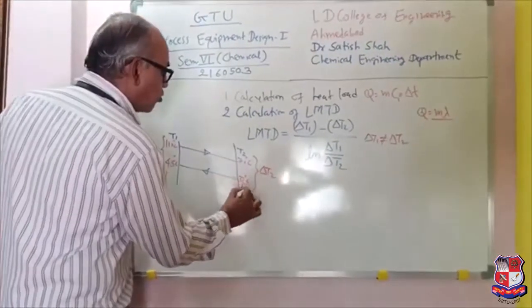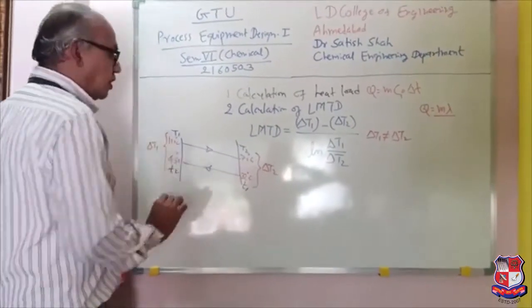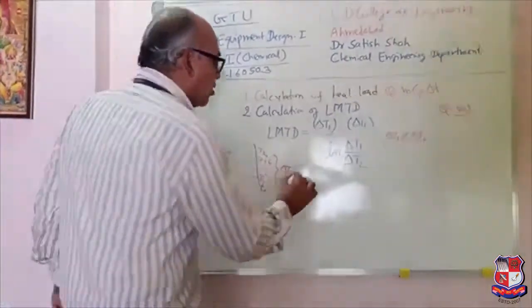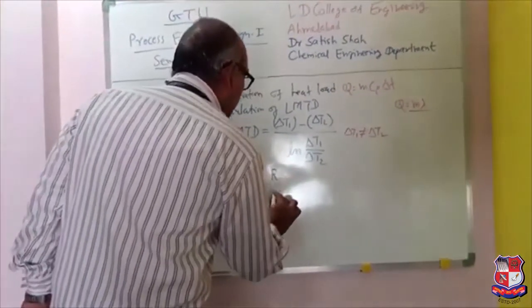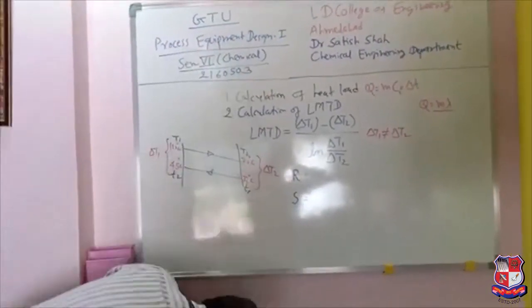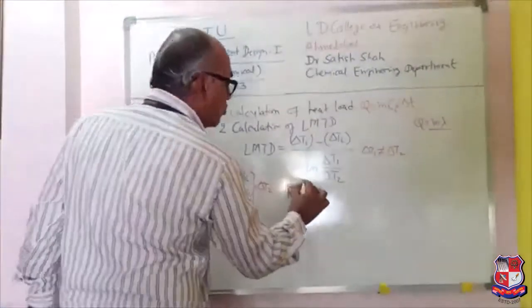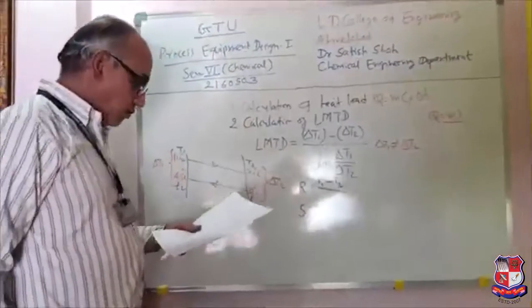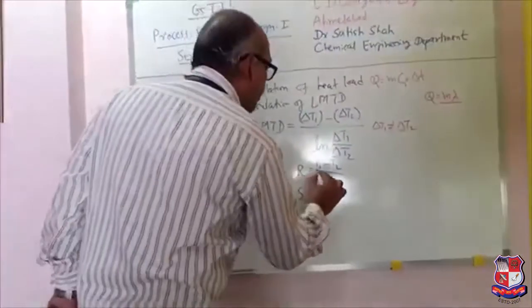And this I will write down as small t1 and t2. If I write down like this, I can calculate the value of R and S. Now what is R and what is S? R, that is (T1 minus T2) upon (t2 minus t1).